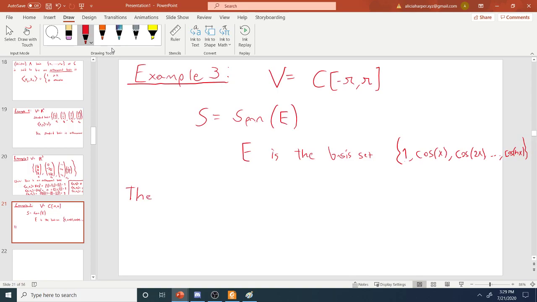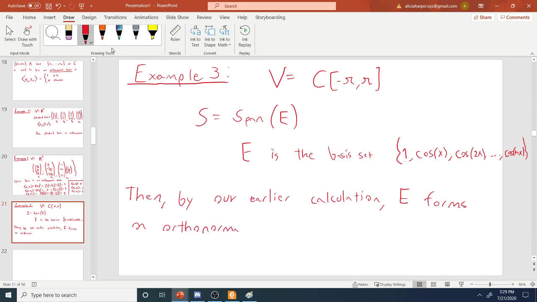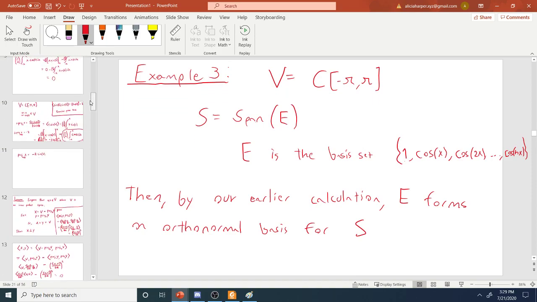Then, by our earlier calculation, E forms an orthonormal basis for S. And so let me just go back to that computation to remind you of which one I'm talking about.